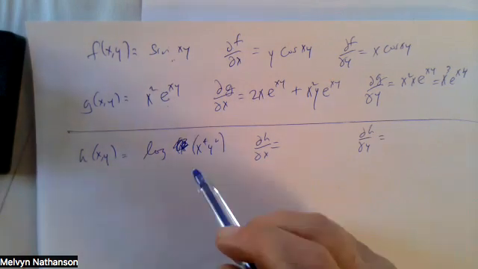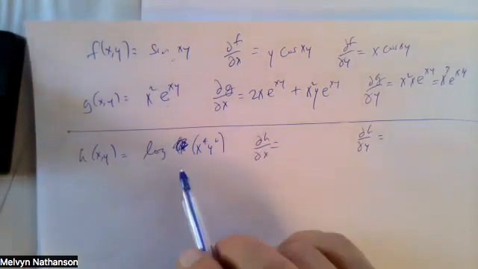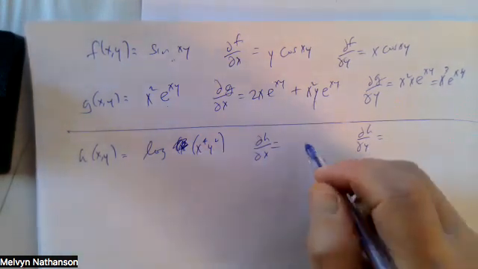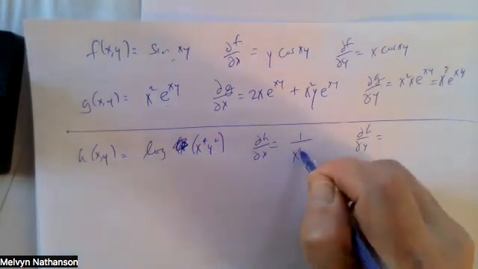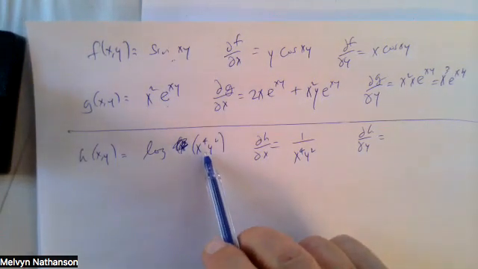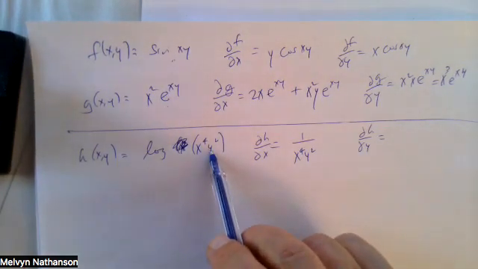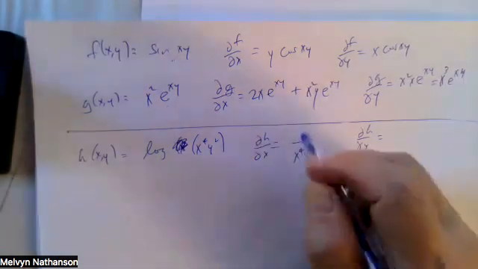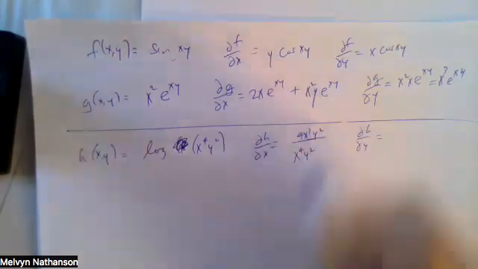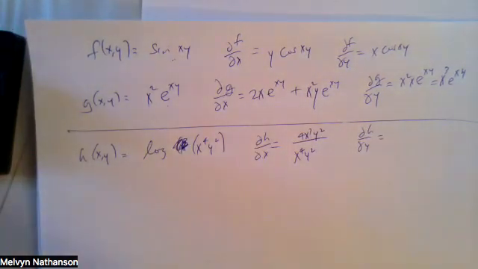So the derivative of log x is 1 over x. So the derivative of the log of x to the fourth y squared is going to be 1 over x to the fourth y squared times the partial derivative of x to the fourth y squared with respect to x. Derivative of x to the fourth is 4x cubed times y squared, which is like a constant.